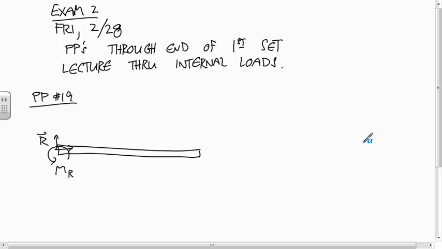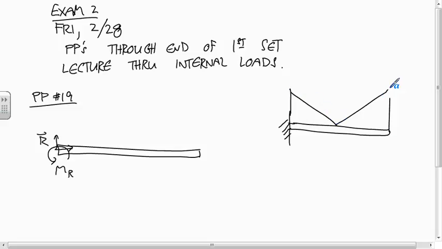Let me draw the problem here first. So you have this cantilever beam, and then you have 2 triangular distributed loads. We're ignoring the weight. Each of these, the top point is 40,000 newtons per meter. And the total length is 1 meter, so each of these is half a meter.